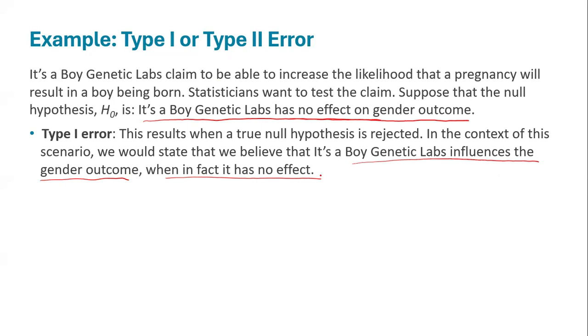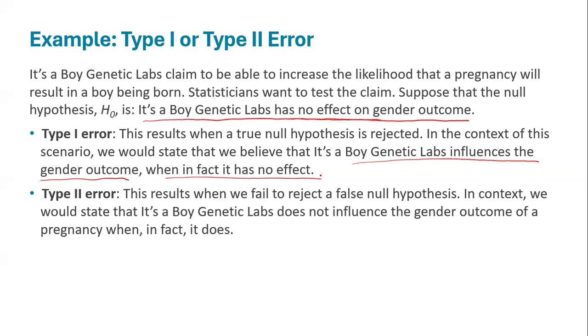Type 2 error tells me that we fail to reject the null when the null is false. Null is false, that means the genetic lab has an effect, it influences the gender outcome, but we fail to reject it. So we say that the boy genetic lab does not influence the gender outcome because we accept it. However, it does influence.